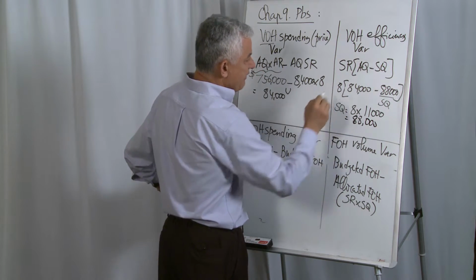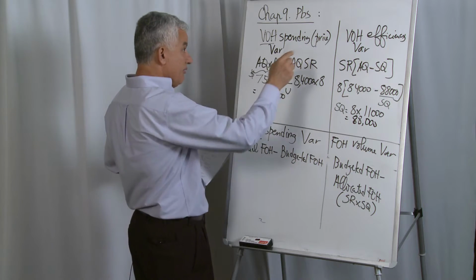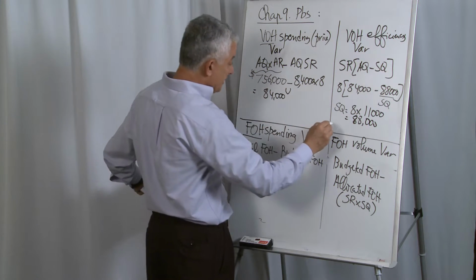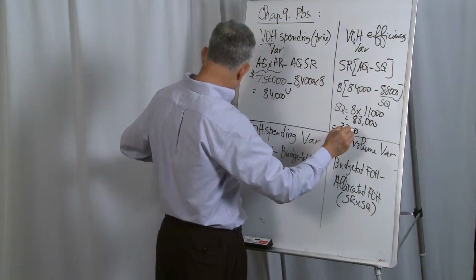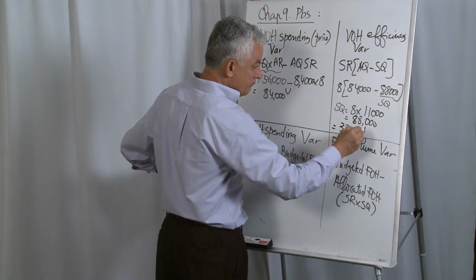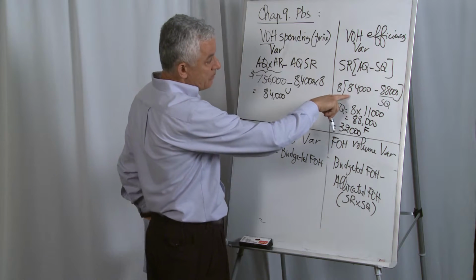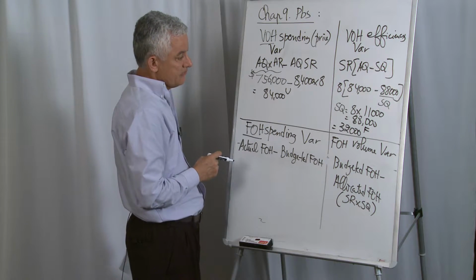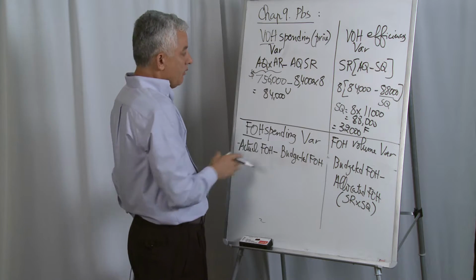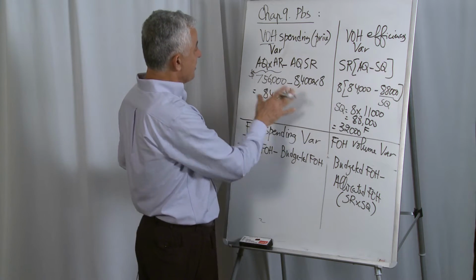And then our variable overhead efficiency variance is going to be 32,000 unfavorable, 32,000 favorable, I'm sorry. Okay, why favorable? Because we use fewer direct labor hours than what the standard calls for. Okay, so what is our flexible budget variance for the variable overhead?